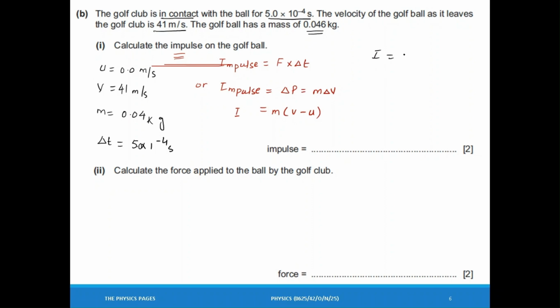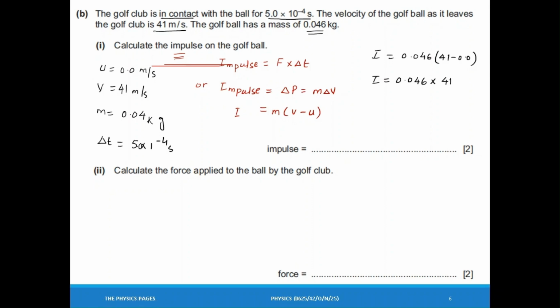Impulse is 0.046 kilogram, final velocity is 41, initial velocity was 0, so we can simply say impulse is 0.046 kilogram times 41 minus 0, it goes to 41 meter per second.